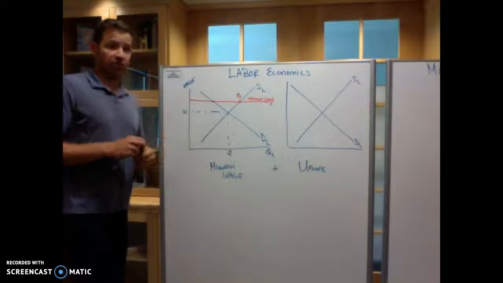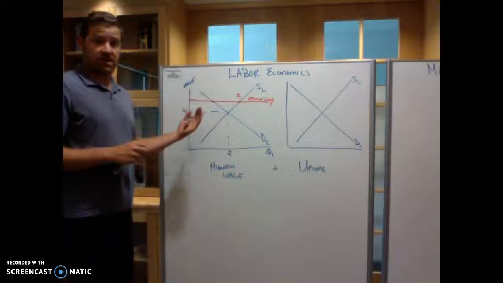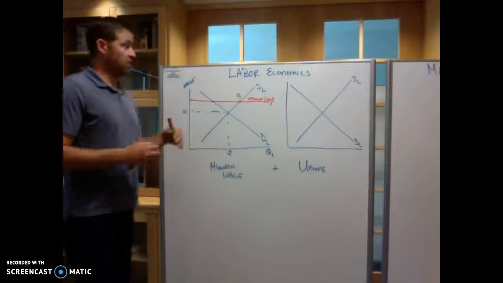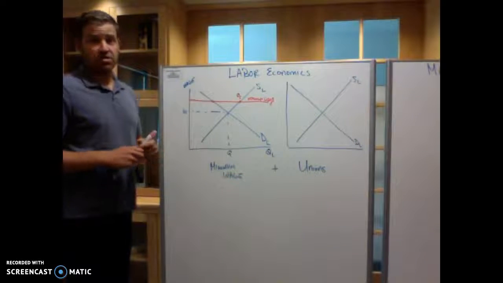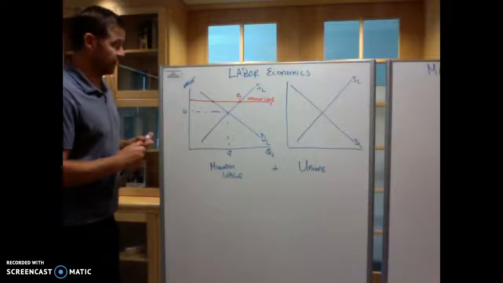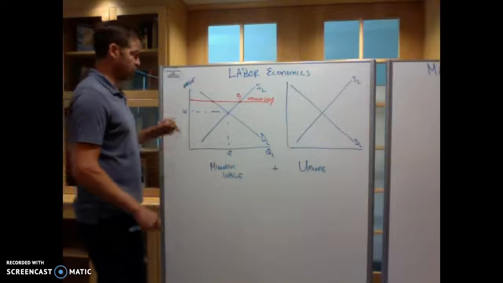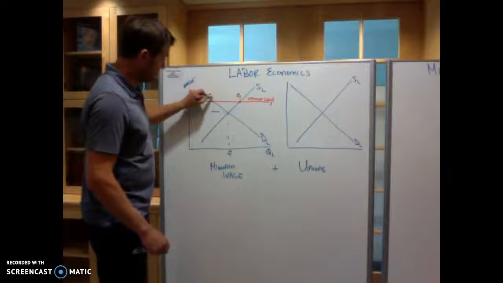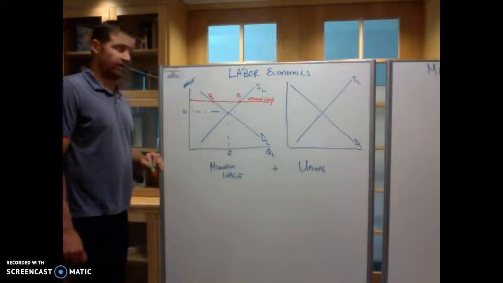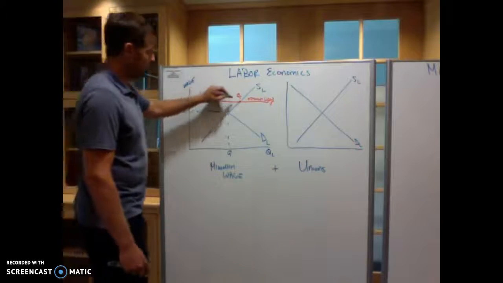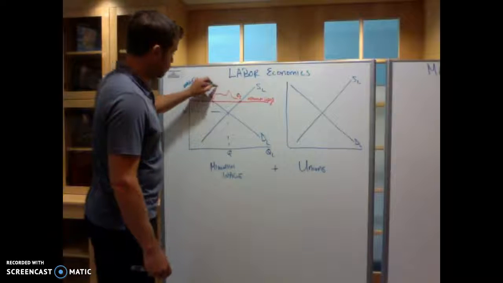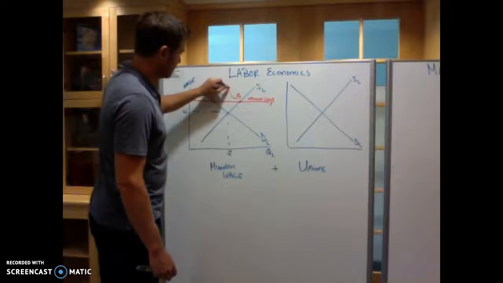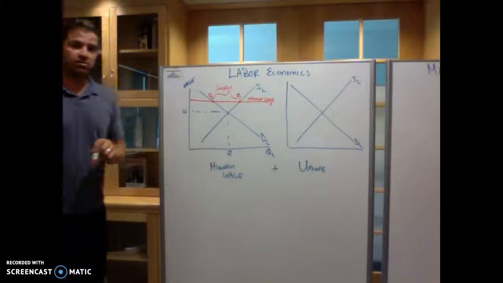In theory, for a job that used to pay $10, there should be a lot more people lining up to work at $15 an hour. And the quantity demanded by the businesses at that higher wage is going to be less. So this should, according to the model, create a surplus of workers, right?